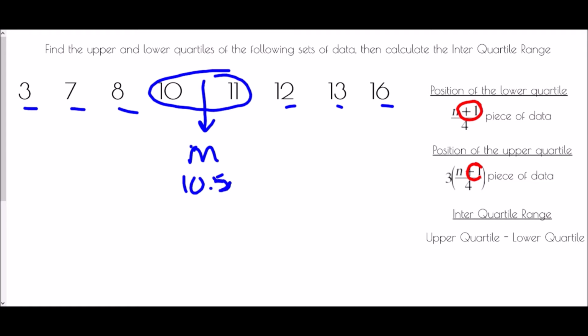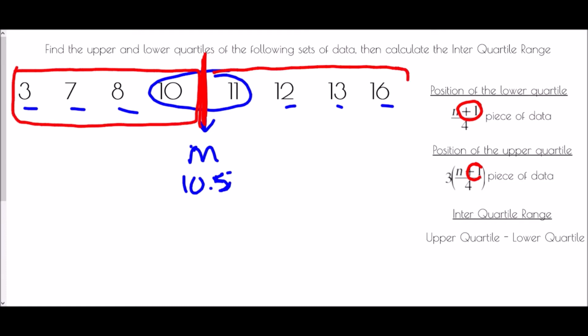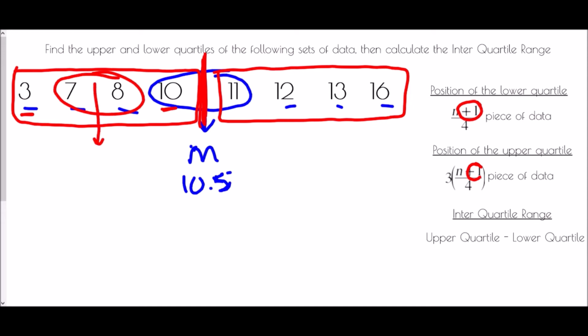Now, if I want to find the upper quartile and the lower quartile, I just need to now think of this set of data split in 2. And so I'm now going to use all of the values which are on the left hand side and all of the values which are on the right hand side, and do exactly the same again. Smallest and biggest leaves me with 7 and 8. So my lower quartile will come out between 7 and 8 at 7.5.